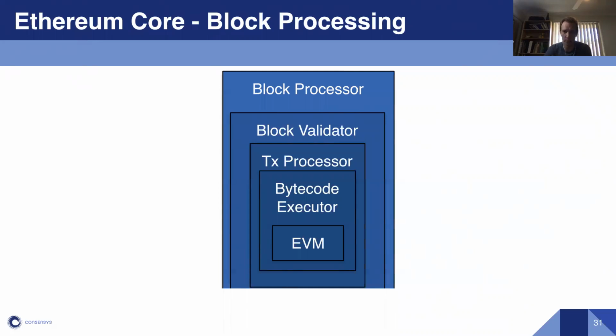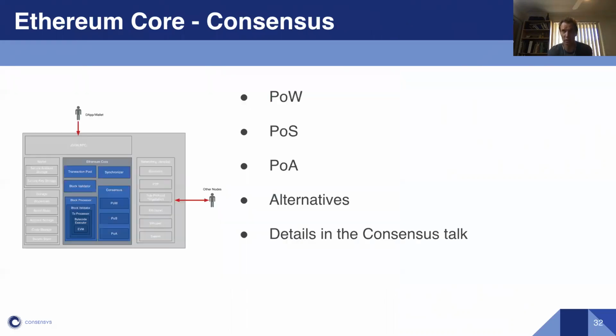So the algorithms that exist for doing that start with things like proof of work, or POW. So proof of work is you are doing some sort of cryptographic puzzle to prove that it works.